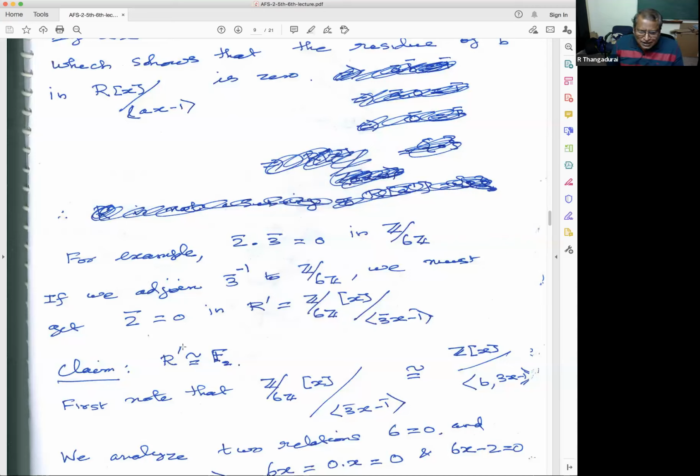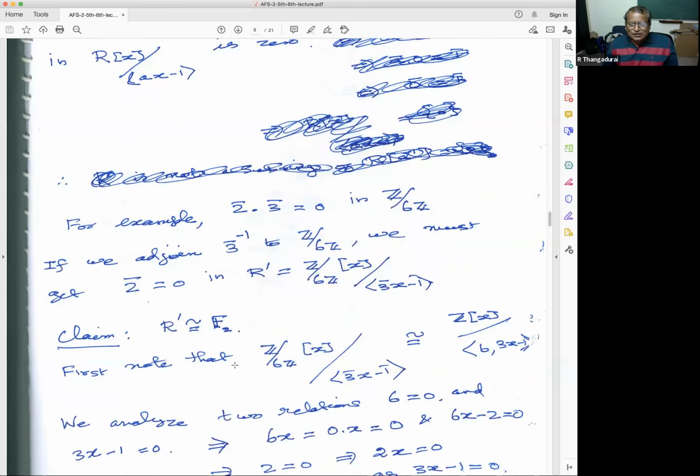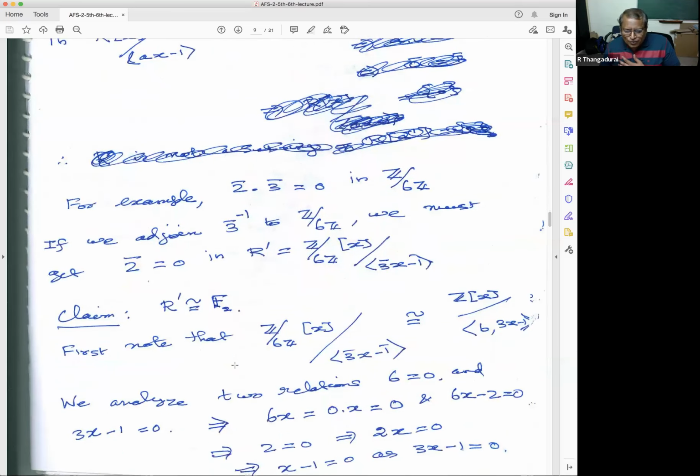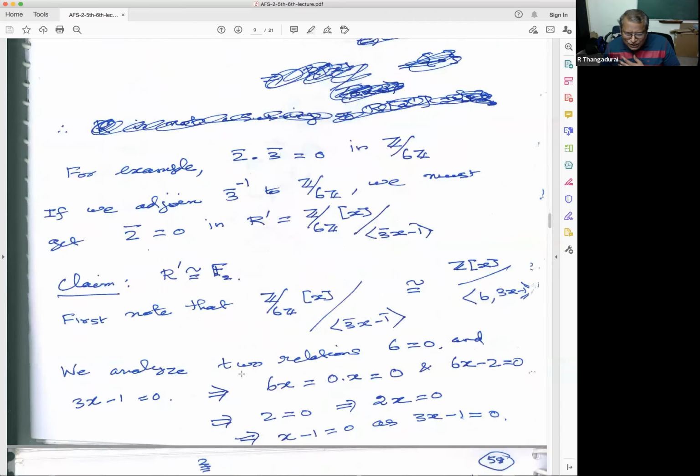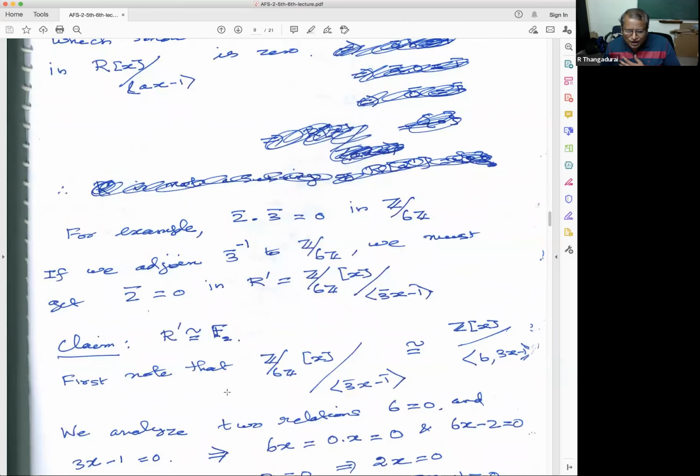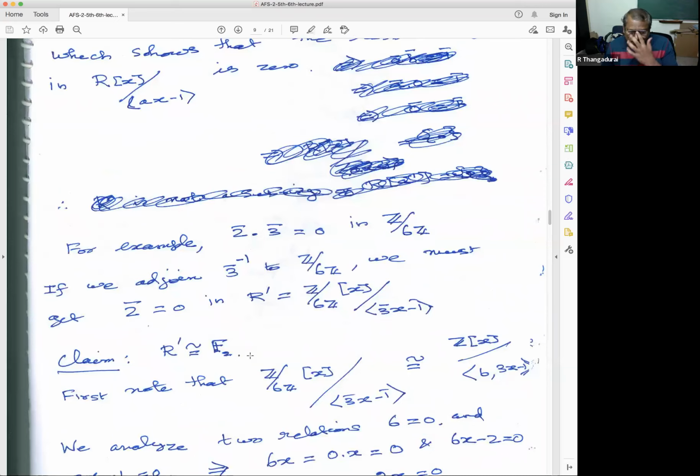Once I prove that this R prime is isomorphic to F2, which has 2 elements, then the original ring Z mod 6 has 6 elements. Therefore there is no injection from a 6 element set to a 2 element set. First we prove this isomorphism: why is R prime isomorphic to F2?